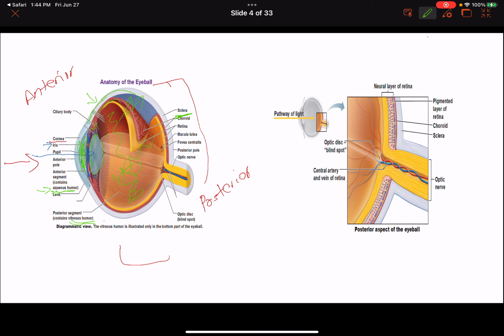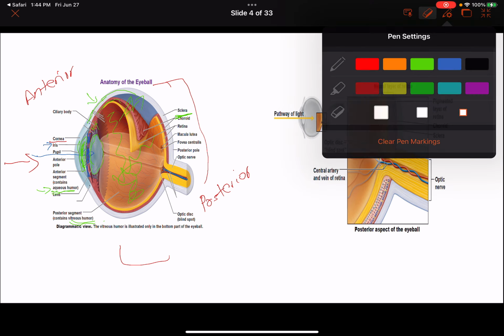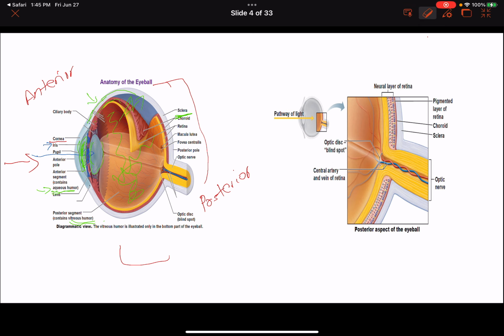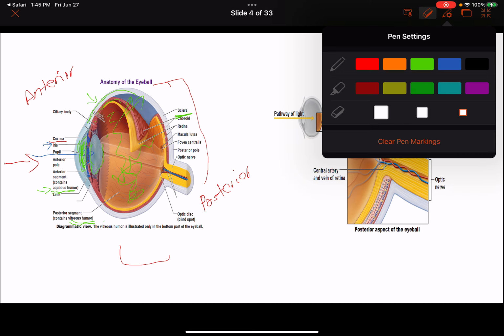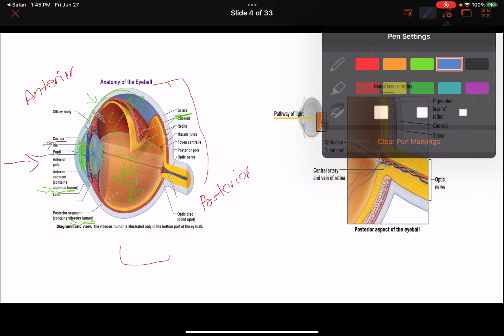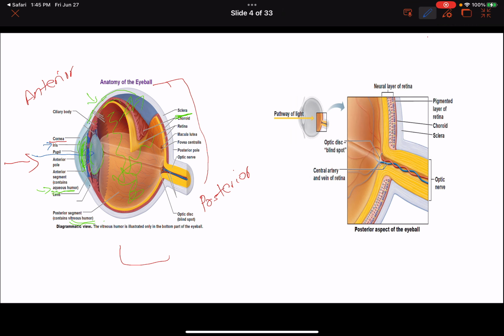The ciliary body, I will show you. This thread-like structure is a ligament which connects the lens to the ciliary body.